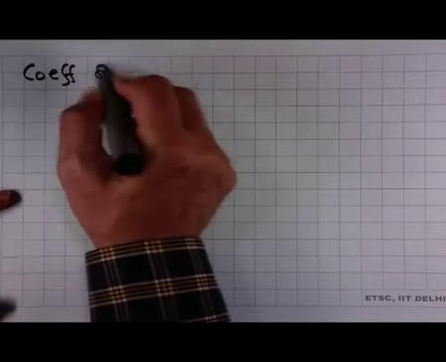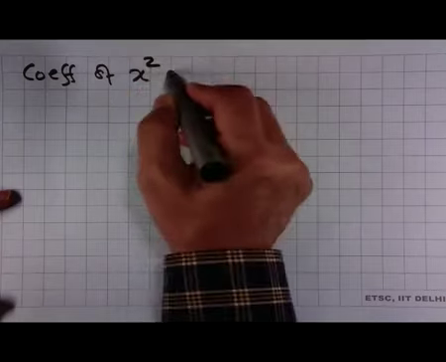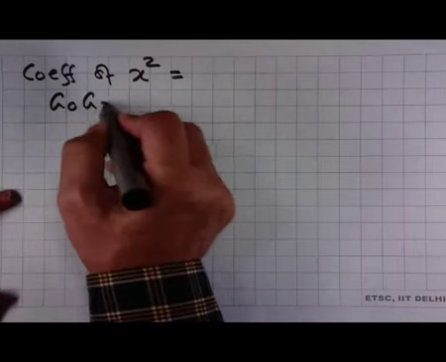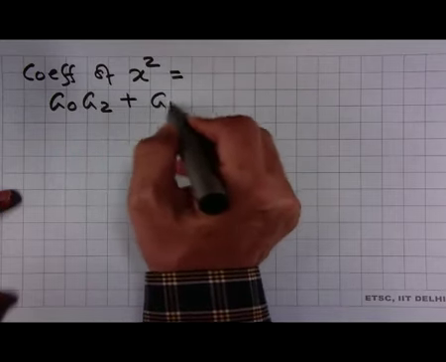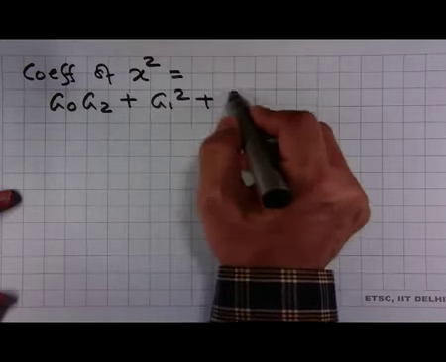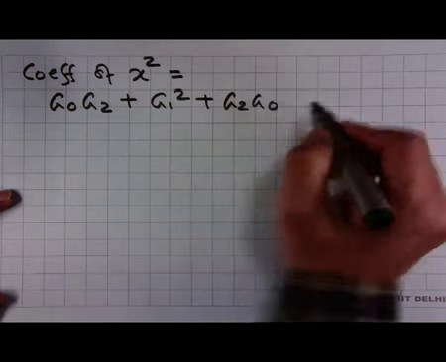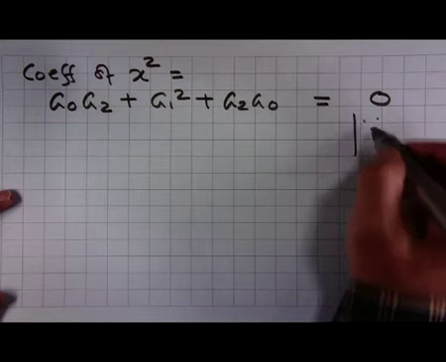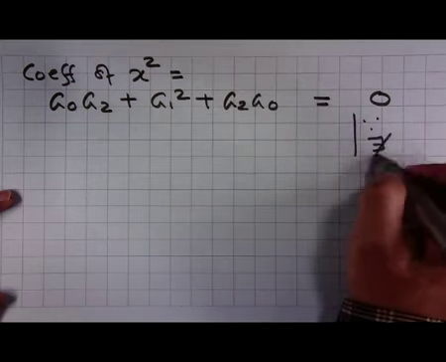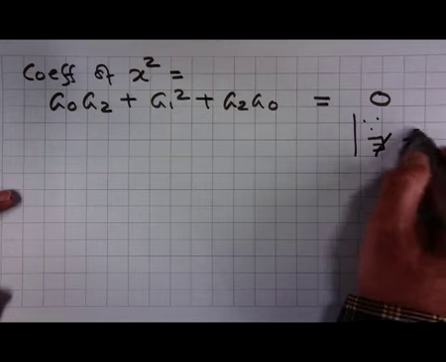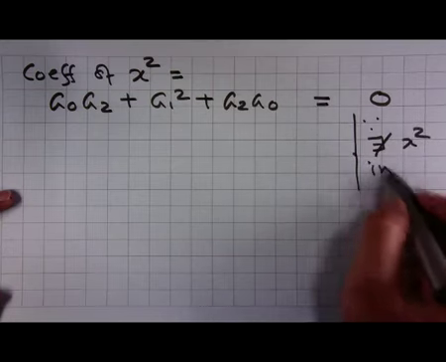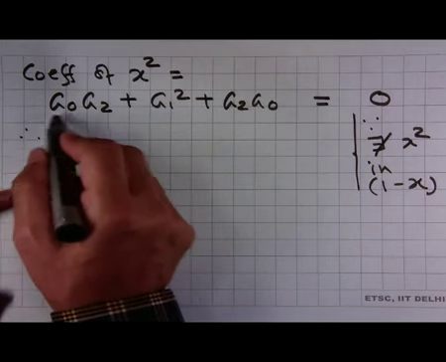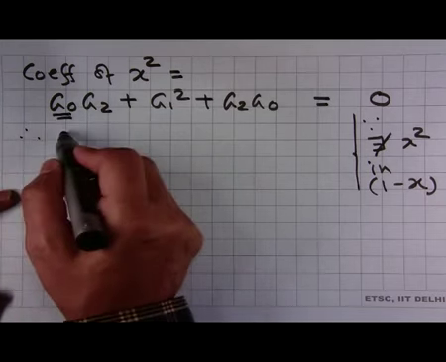Coefficient of x square is equal to a0 a2 plus a1 square plus a2 a0 is equal to 0. Why 0? Because there is no x square in 1 minus x. Therefore, a0 is equal to 1, we have already got.